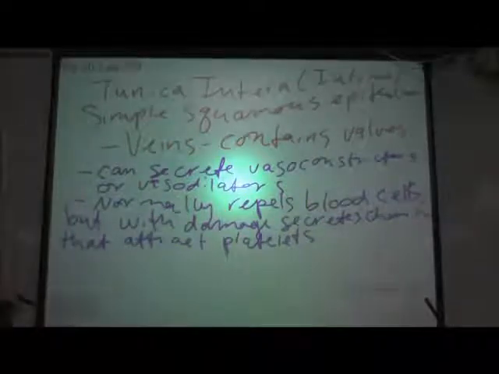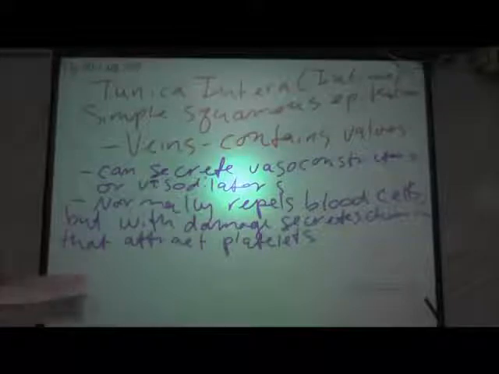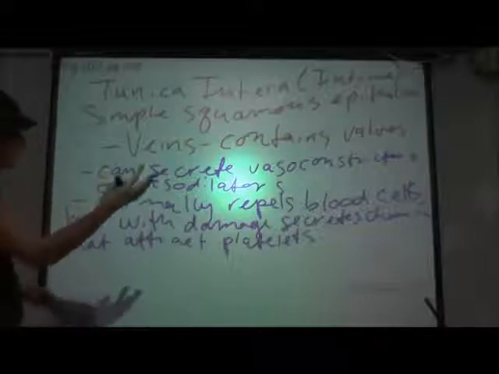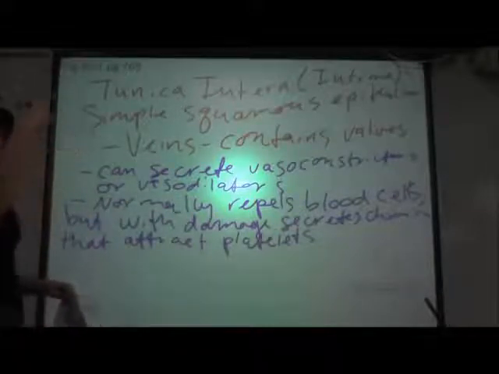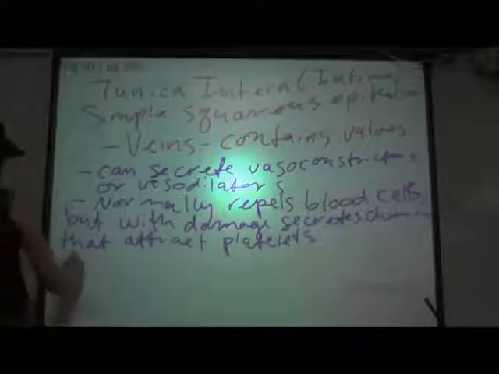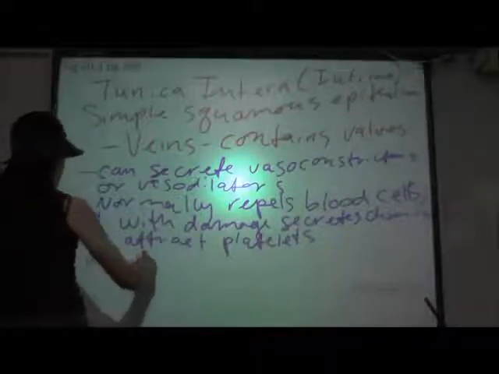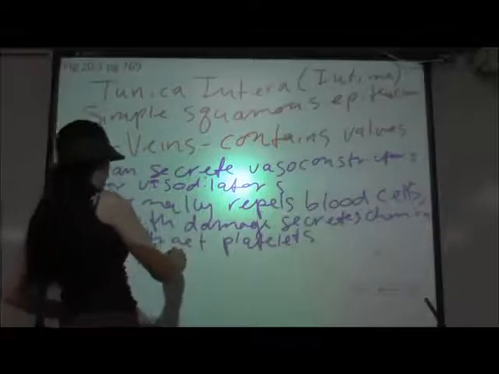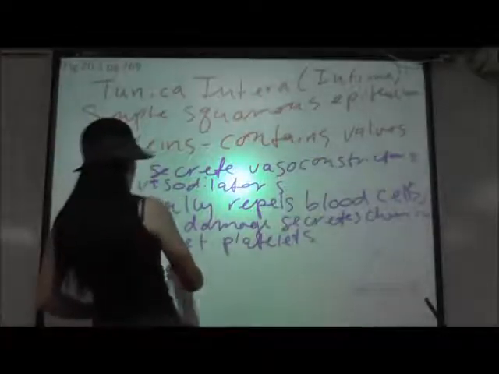If we're having an inflammatory response, which we'll go over in great detail when we go over the immune system, they express what are called cell adhesion molecules, and those are going to allow the leukocytes to stick to them and roll along the surface of the tunica intima so that they can slow down and squeeze out to the tissue. So during the inflammatory response, they express cell adhesion molecules, also called CAMs.